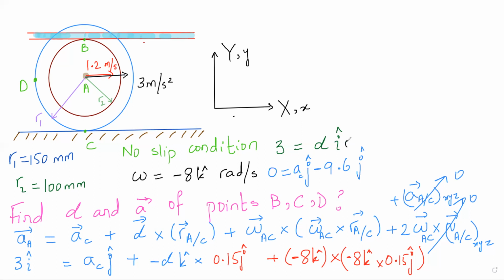I think 0.15 should be here. I think this is what he meant. This is my equation 1. Okay, everyone, I will just remove this because I should have 0J here. So let's remove I and J.